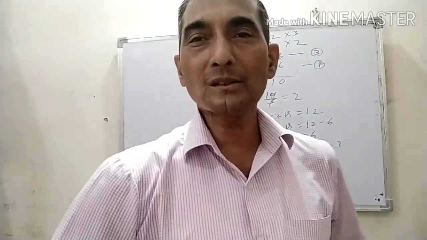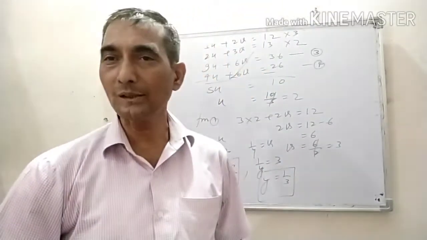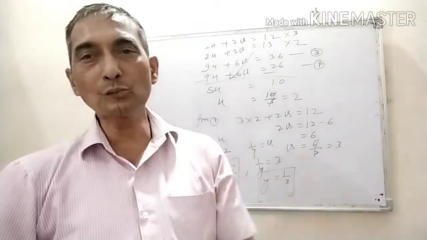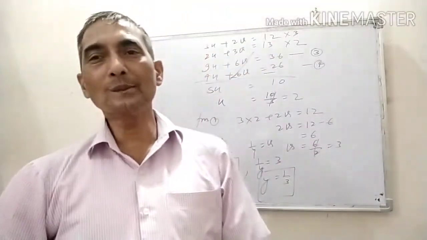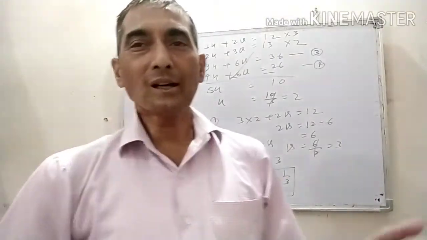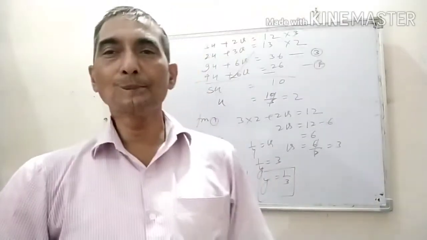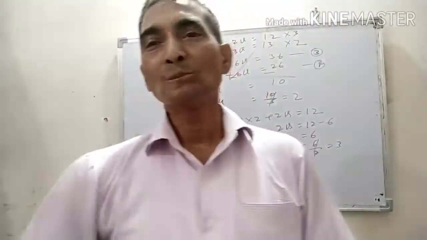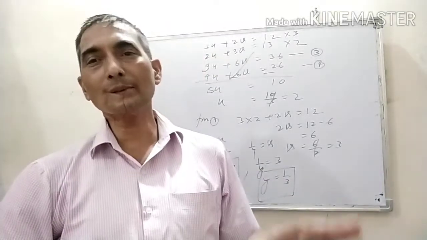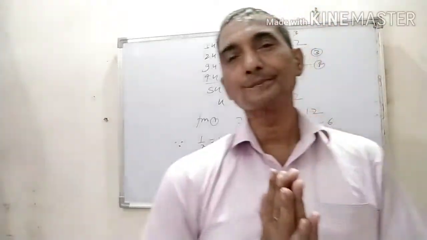Solve it by elimination, substitution or cross multiplication and find the values of u and v. After that, substitute 1 by root of x in place of u and find the value of x. And substitute 1 upon root of y in place of v, solve and find the value of y. So you can do it.